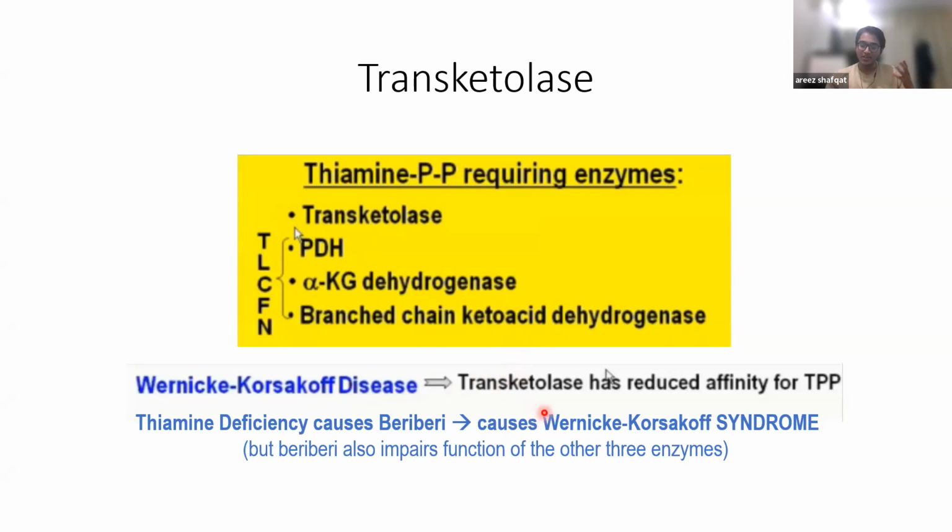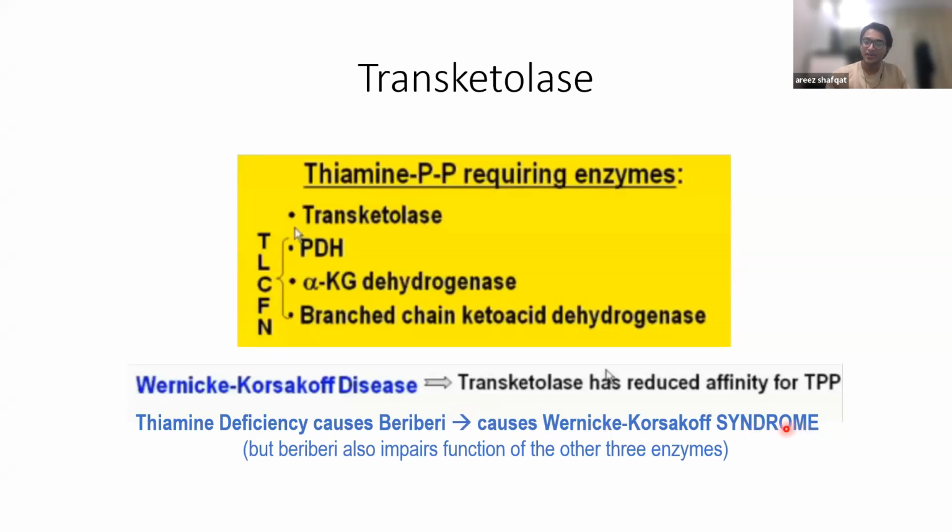And so thiamine deficiency doesn't cause Wernicke-Korsakoff disease, it causes beriberi. And this causes Wernicke-Korsakoff syndrome, all right? This is not a genetic defect. The genetic defect is called Wernicke-Korsakoff disease. The pathology that you get secondary to thiamine deficiency is called beriberi. A part of that clinical syndrome is Wernicke-Korsakoff syndrome, all right?